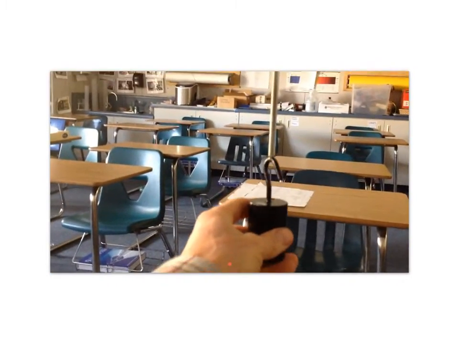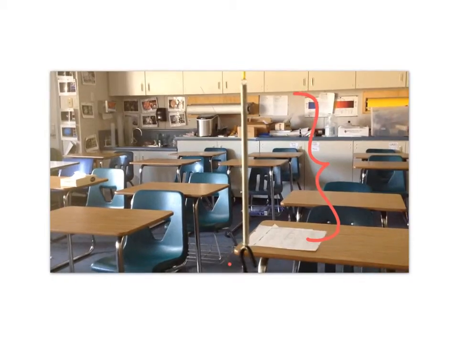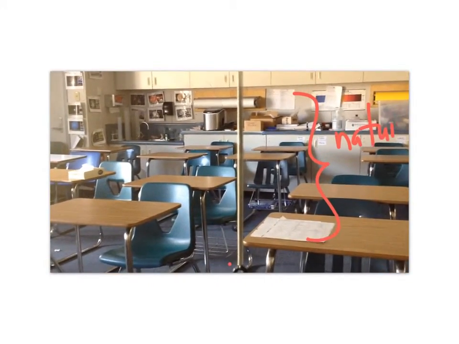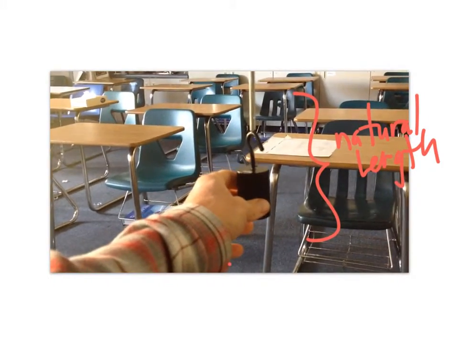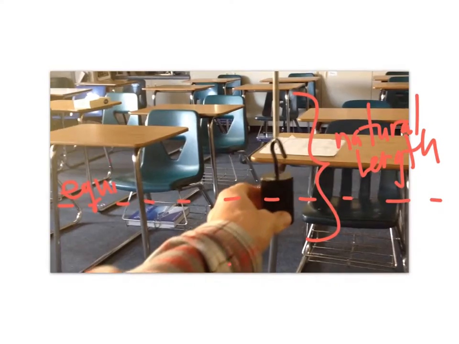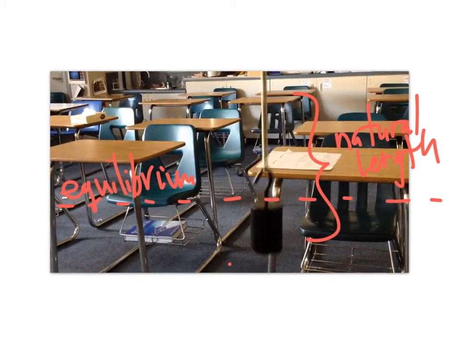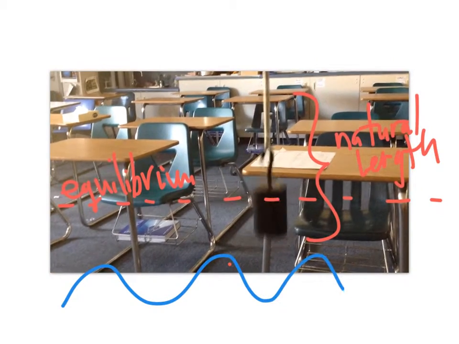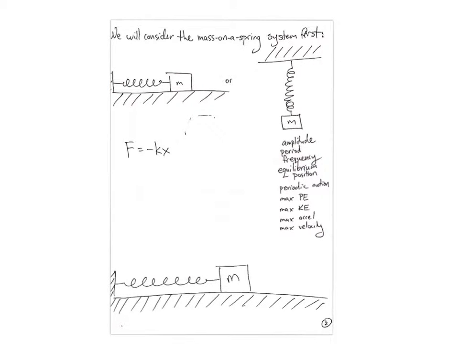So if I were to take all the weight off, the spring is about that long, and when we put the weight on the spring, it goes to about that length. And then if I displace the mass from equilibrium and then release it, it oscillates back and forth. So that's the voom, voom, voom. Cool.